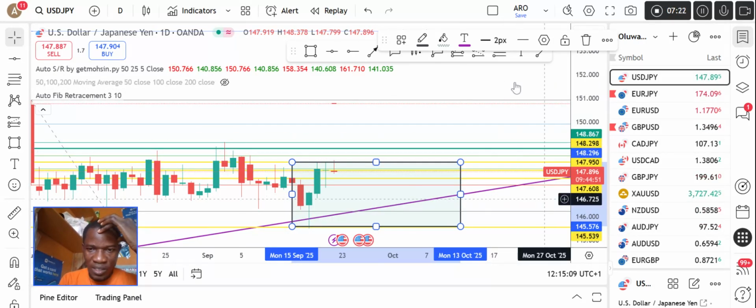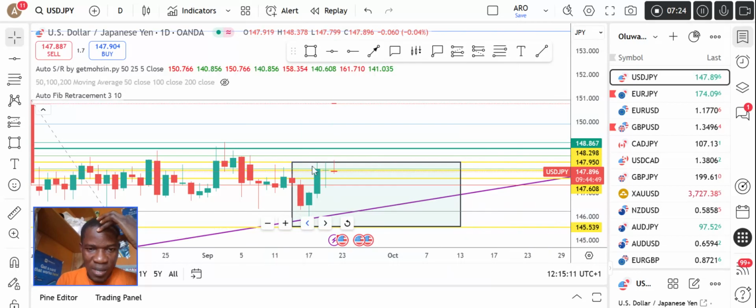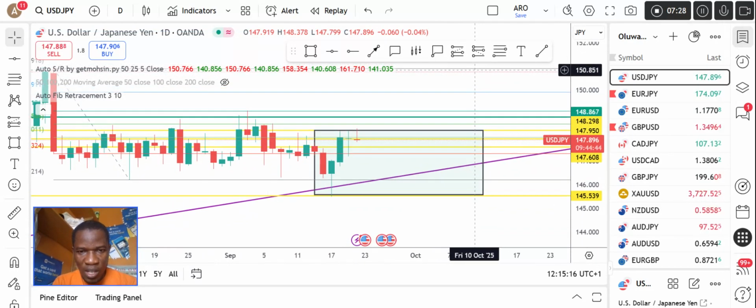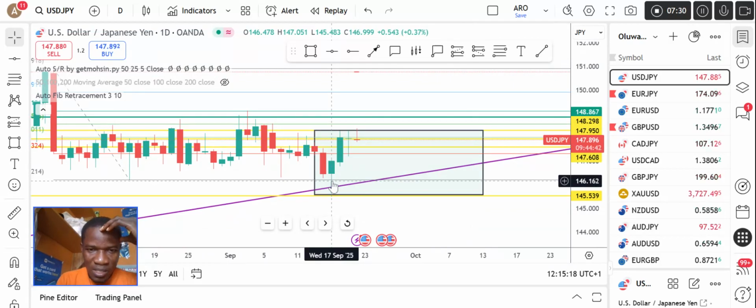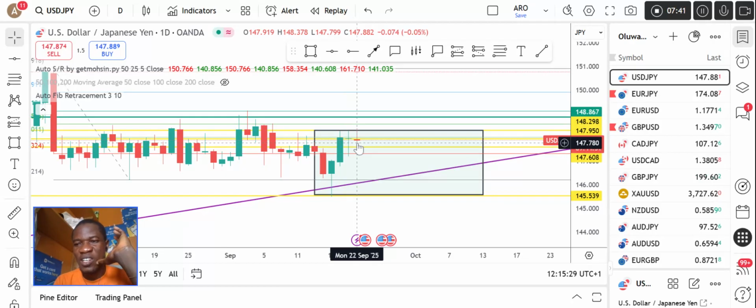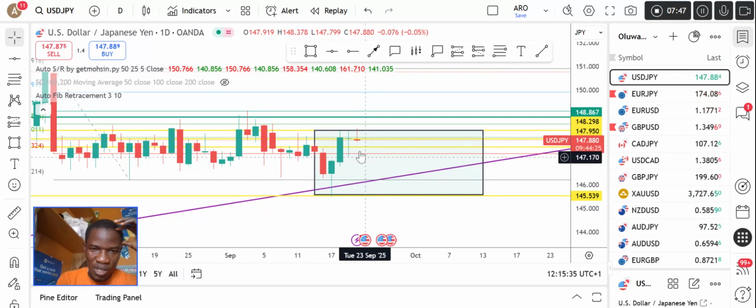From the daily, you can see that the market moved to the upward side on Wednesday. The market moved back up and there was an indecision candlestick here. And the market is still forming because today is still very fresh.